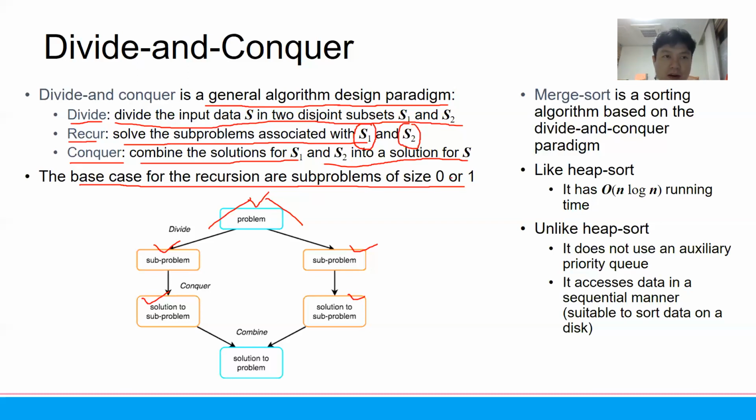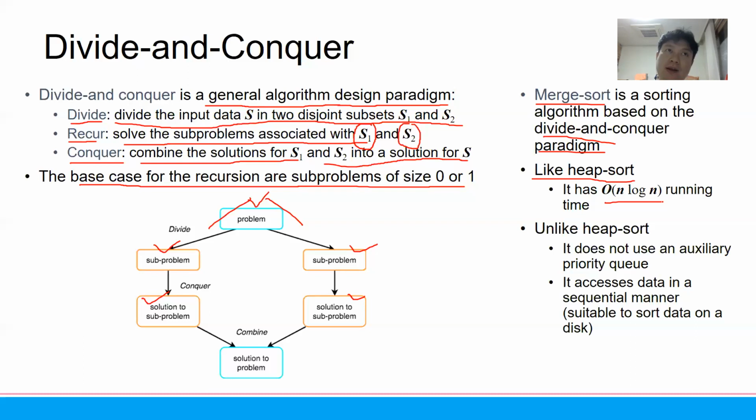In this kind of design paradigm, divide and conquer can be used for the merge sort. So merge sort is a sorting algorithm based on the divide and conquer paradigm. I don't explain heap sort here, but heap sort will have O(n log n).